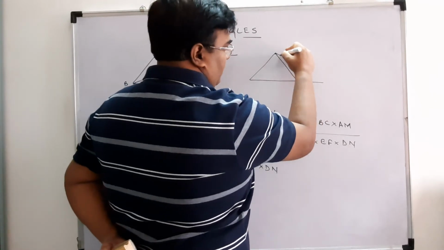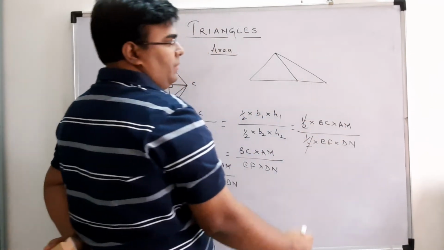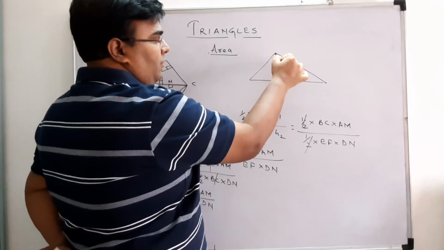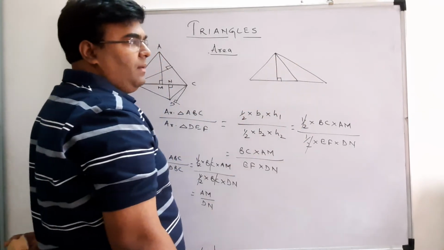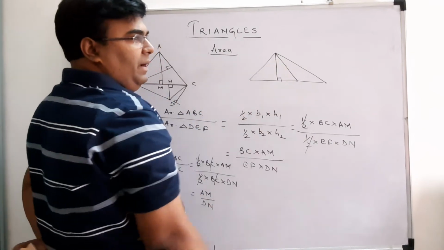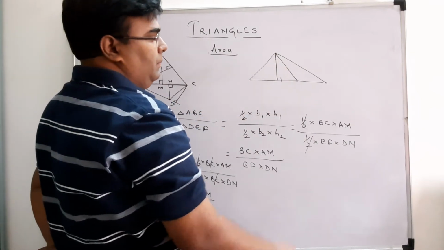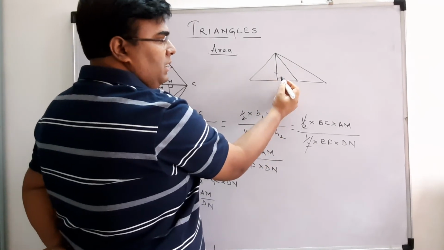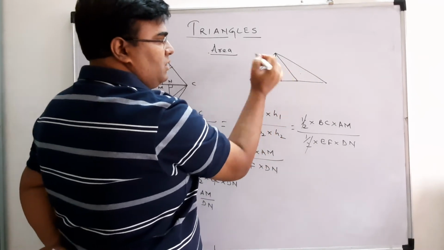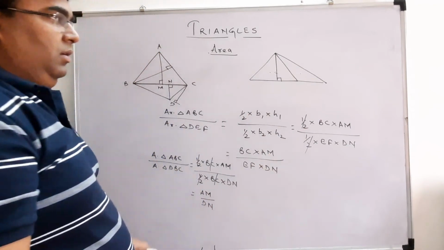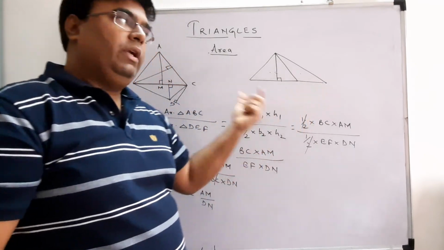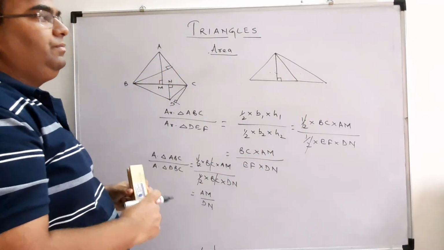Suppose these two triangles, if we draw a line perpendicular from the common point, we can draw only one perpendicular to this line from this point. So this perpendicular will be the same for this triangle also and this triangle also. So in that case, the ratio of bases will be equal to the ratio of areas.